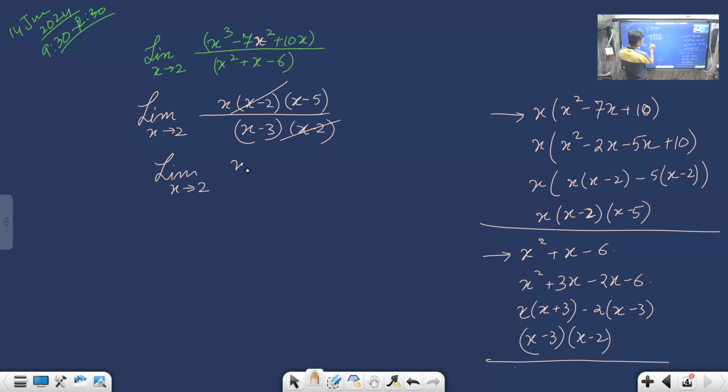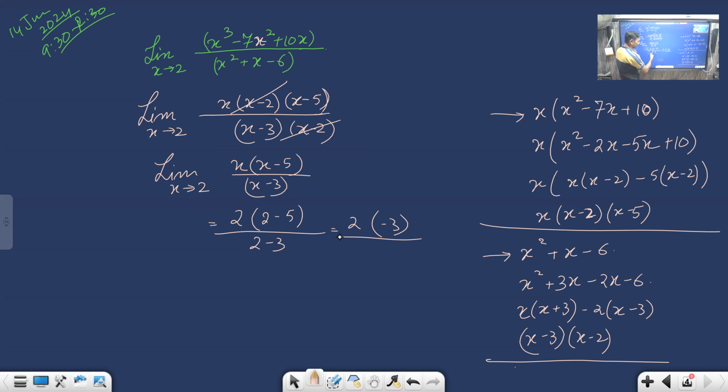So this is x minus 5 divided by x plus 3. Straight result, put 2. 2 minus 5 upon 2 plus 3. 2 into minus 3 divided by 5. Answer, sir.